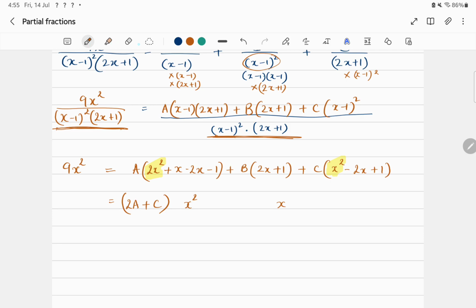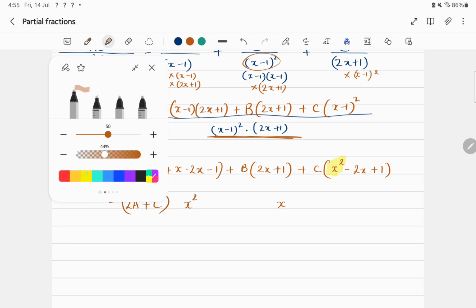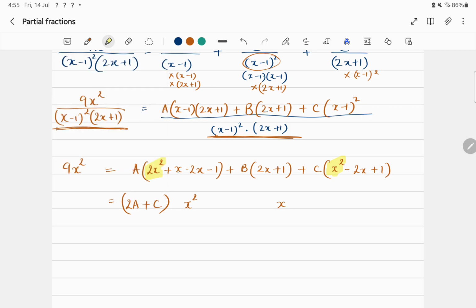With x, we have minus a, because 2x minus 2x... so let's write plus outside so it's easier. Here we will have minus a, on the other side we will have 2b here, and here we have minus 2c.